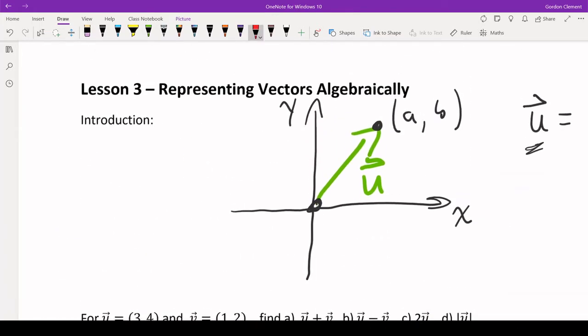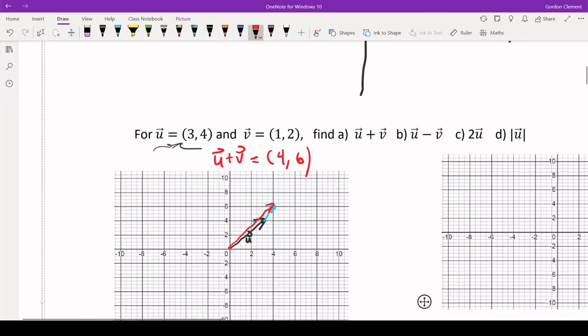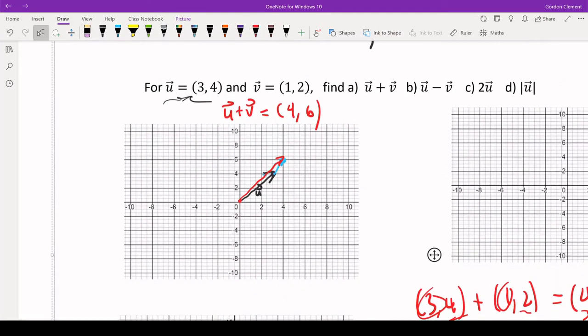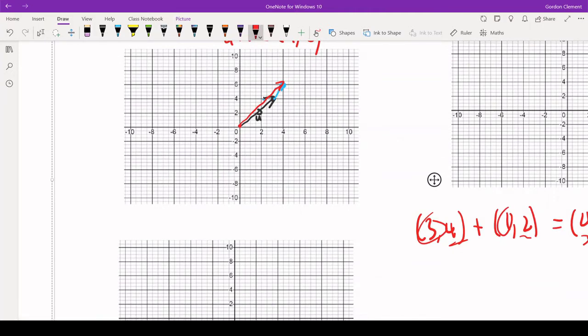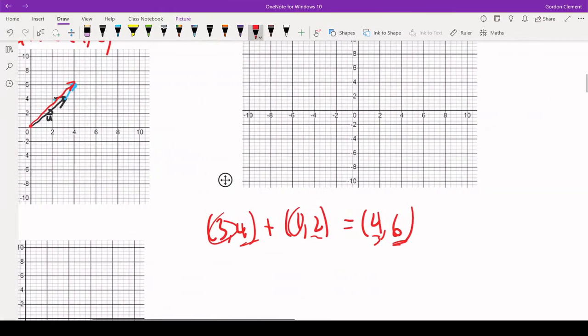I'm just going to represent this vector as the point it would end at if it started at the origin. And our geometric way of adding vectors is exactly what you would want it to be algebraically. In order to add vectors, we don't need to draw a picture. We add the x's, we add the y's, that's our new vector.